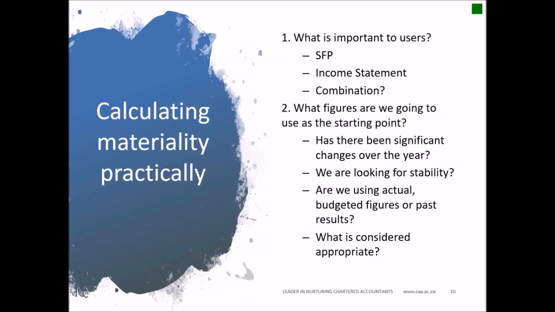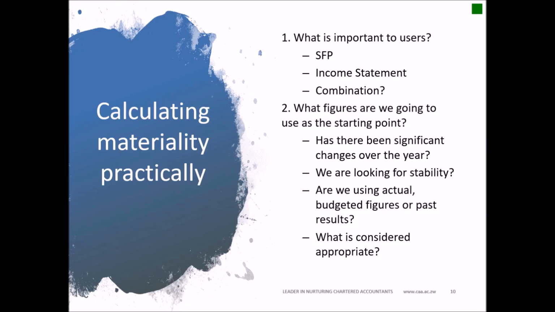What figures are we going to use as a starting point to determine materiality? You're going to ask yourself, has there been significant changes over the years from prior year to current year? Is there anything that has changed for me to select the financial statements that I'm going to use? We are looking for stability, so maybe we have prior year financial statements, budgeted financial statements for the current year audit, and actuals for the current year.